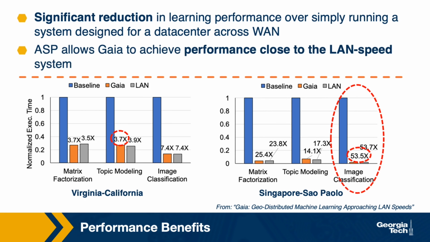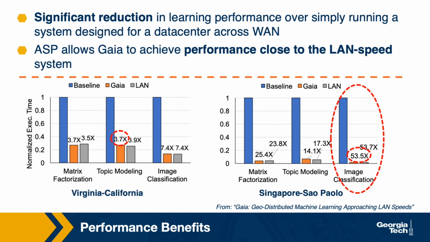More importantly, from these results, we observe that Gaia, the orange bars in each of these groups of bars, end up achieving performance in terms of the machine learning time. So how long did it take for the machine learning process to converge and to produce a model that's no longer really updating in a significant manner, iteration from iteration?